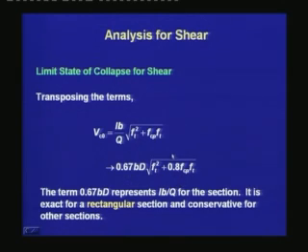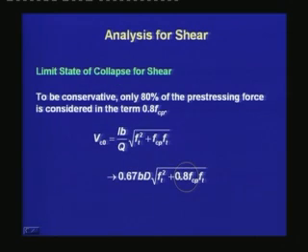Note another change, that we have substituted FCP by 0.8 FCP. The reason is, to be conservative, only 80% of the prestressing force is considered in the term 0.8 FCP.